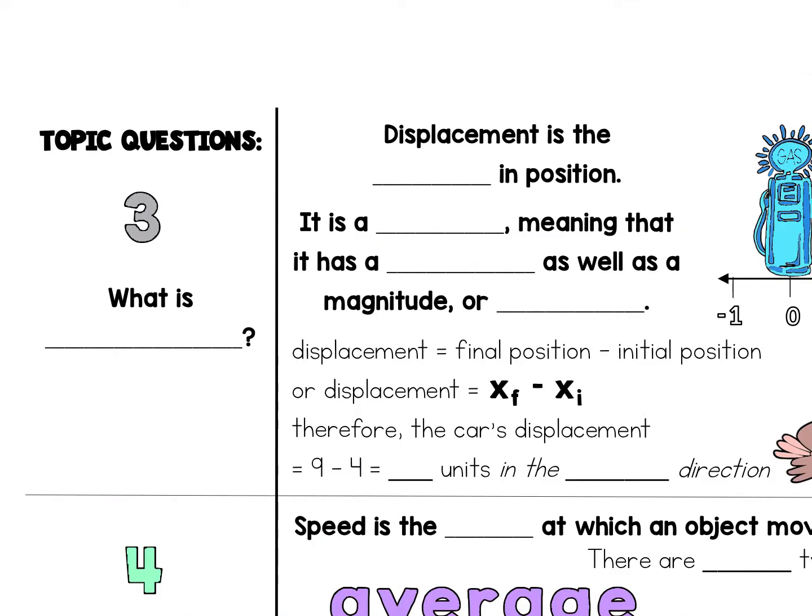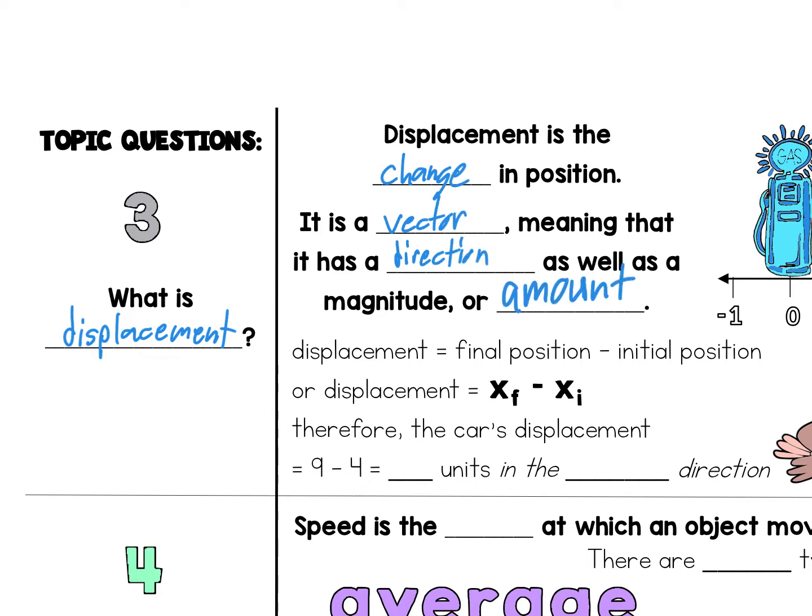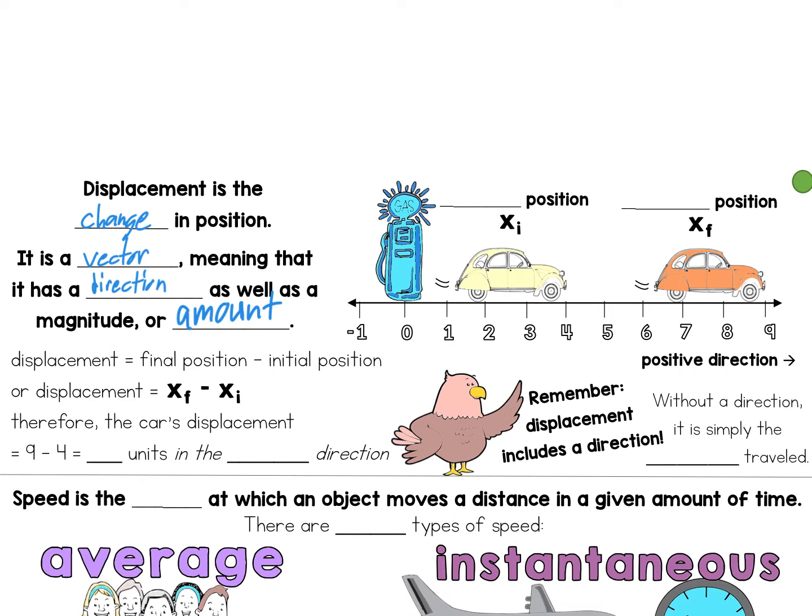Now, let's consider topic question number 3. What is displacement? Displacement is the change in position. It's a vector, which means that it has a direction as well as a magnitude or amount. Displacement is equal to the final position minus the initial position, or displacement equals xf minus xi.